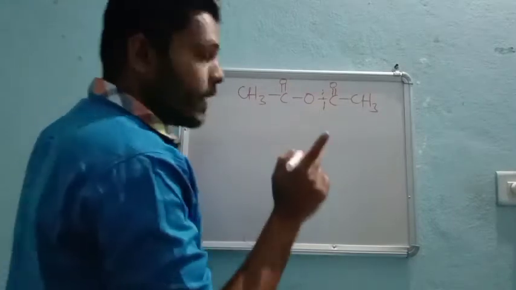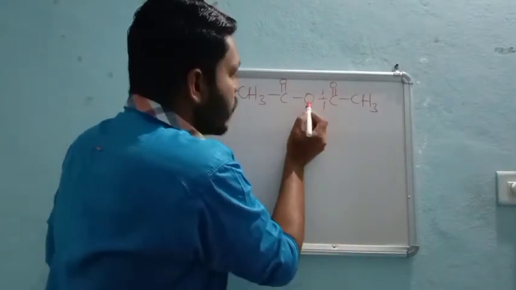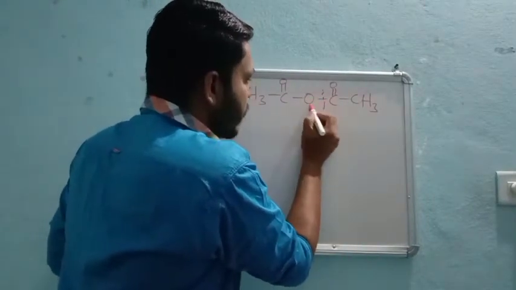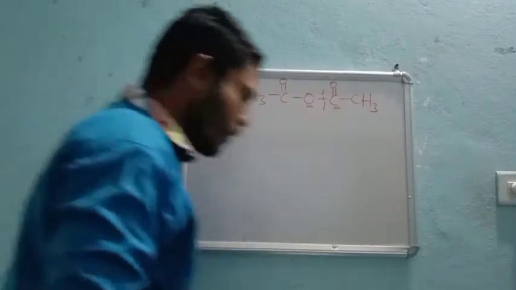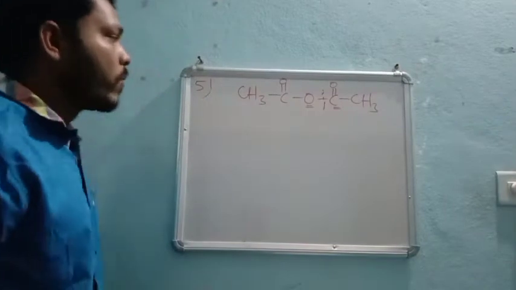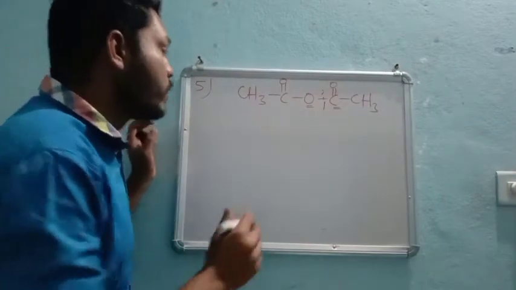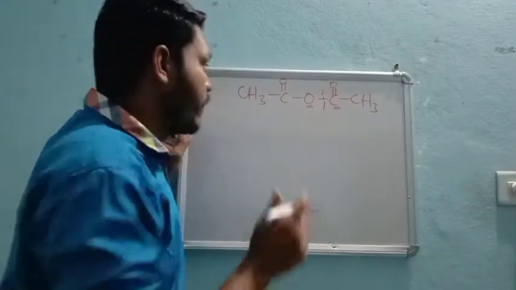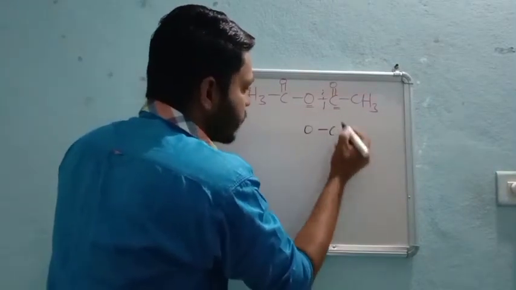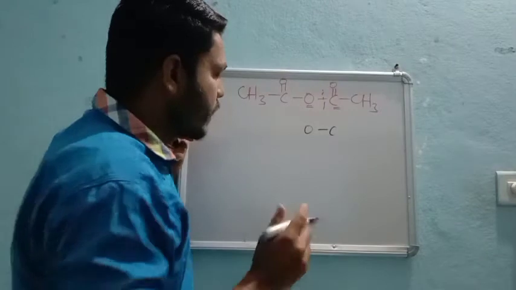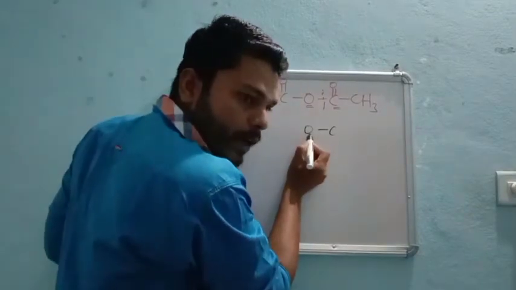Now see here, very important. There is an O and C, that means the bond between O and C. Now you just try to understand about the electronegativity. Among O and C, O is more electronegative.